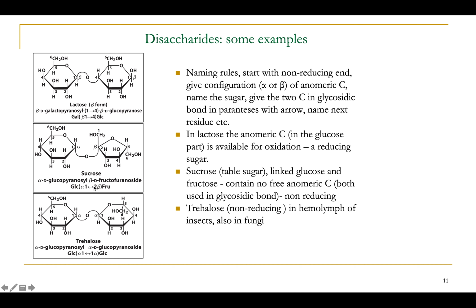And in the naming convention, the anomeric form of both residues has to be specified, and in case of sucrose, it is alpha anomeric form and beta anomeric form respectively. And the direction of glycosidic bond in this case is not defined because there is no reducing and non-reducing end. In this case, the direction of glycosidic bond is shown with a double-head arrow.